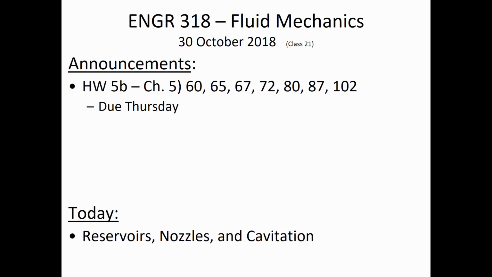Your next homework assignment is due on Thursday, and I have some key ideas for us to discuss for that assignment, kind of help you get down the road a little bit.